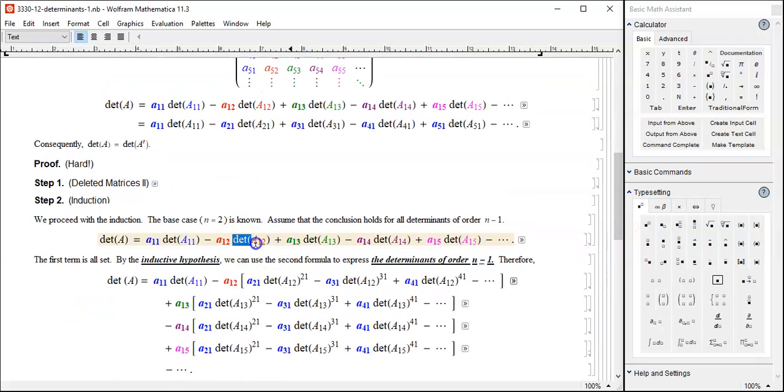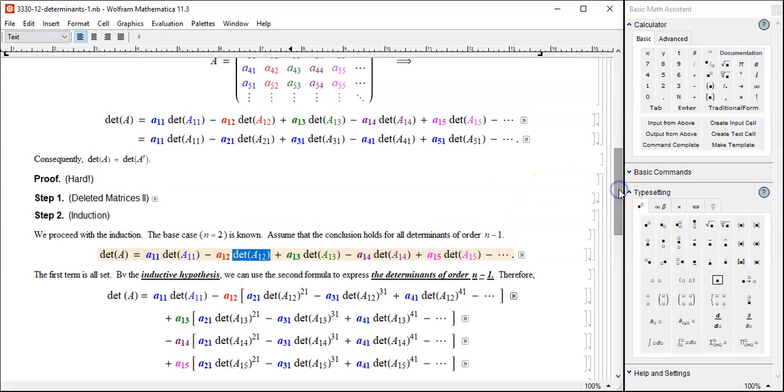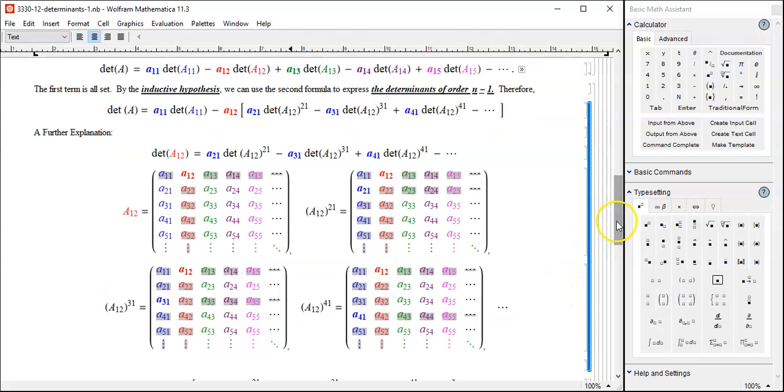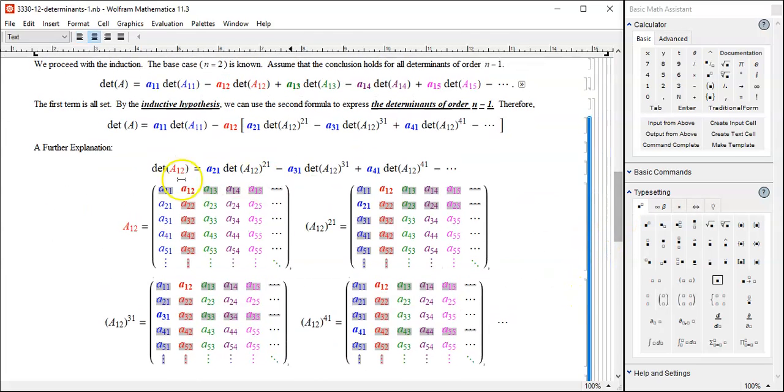So, determinant of A12, you can use the inductive hypothesis and expand it with respect to the column. And that's what this is. Here's a little further explanation. Here's determinant A12.